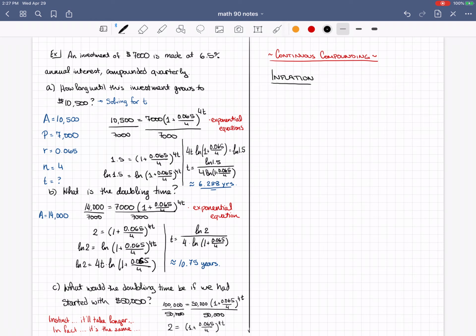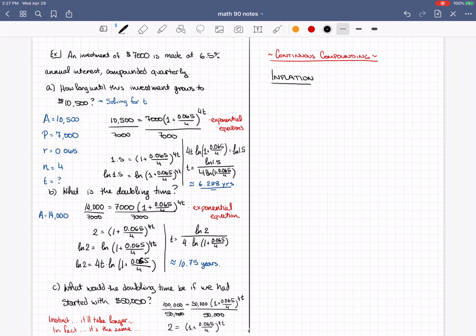If you look at a gallon of milk, for reasons I don't fully understand, milk is one that gets used a lot in the conversation about tracking inflation. If you look at how much your grandparents paid for a quart of milk or a gallon of milk, and you compare it to how much we pay, we pay much, much more. And that's because over time, the value of money goes down, and so prices go up.